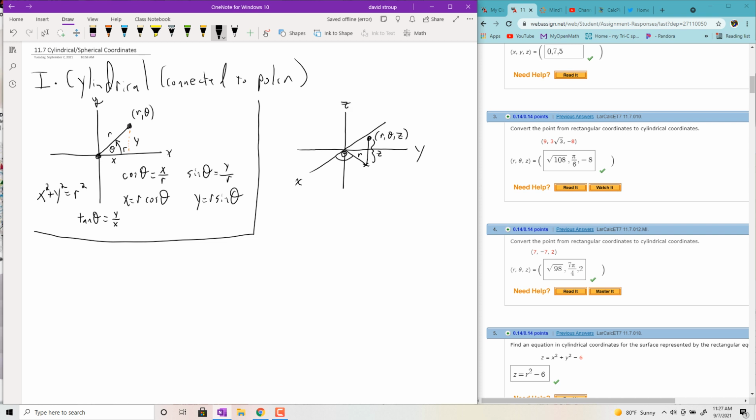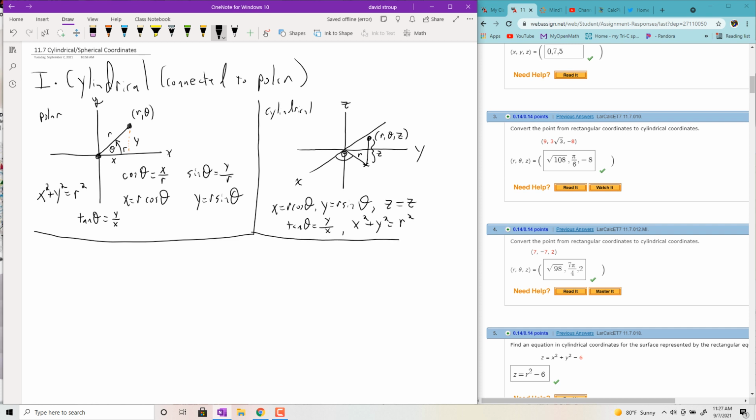So this is my z-axis. This over here is polar coordinates, and this picture over here is cylindrical. So again, you have x equals r cosine theta, y equals r sine theta, and then z is just z. Tan of theta is y over x, and of course we have x squared plus y squared equals r squared.